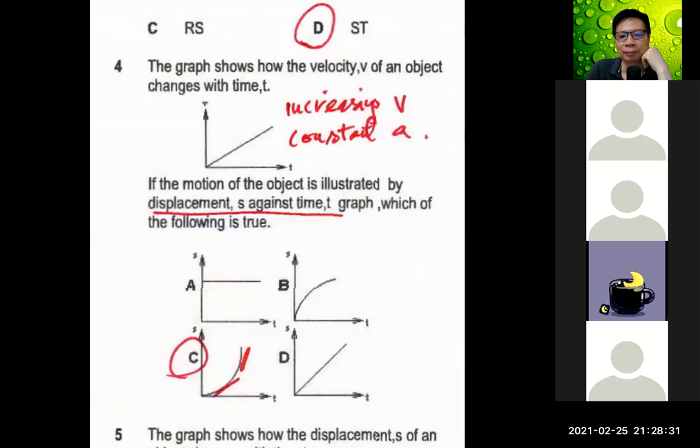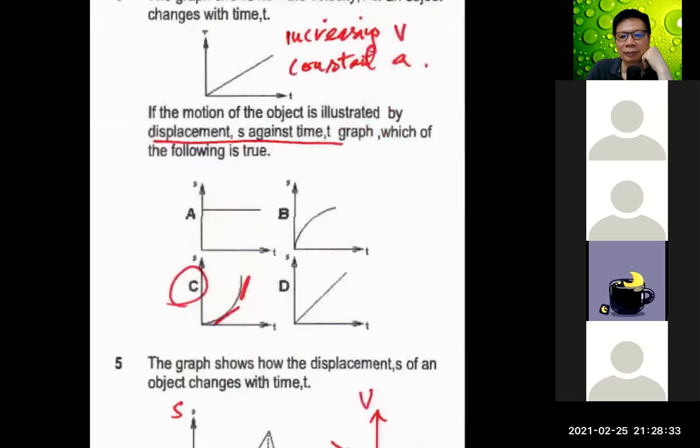Okay, number 5. Graph show how the displacement change with the time. So now they want you to change the velocity time. So which graph show that correctly? Displacement time change the velocity time. So which answer now? 2 person give answer.